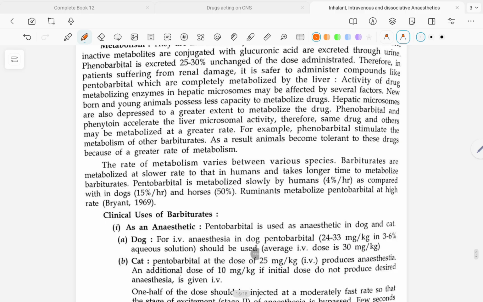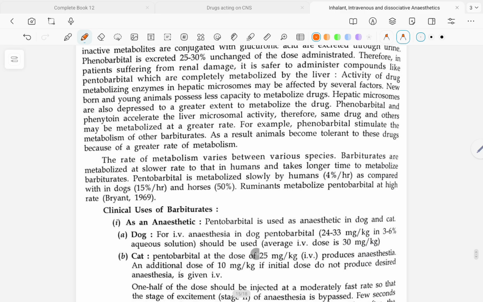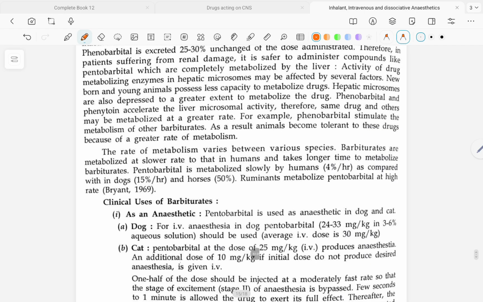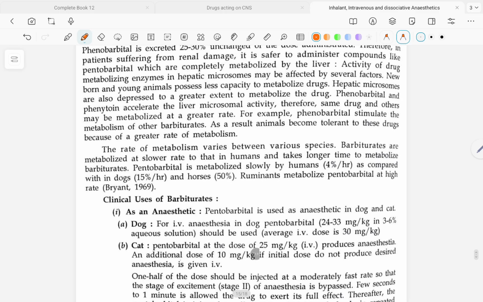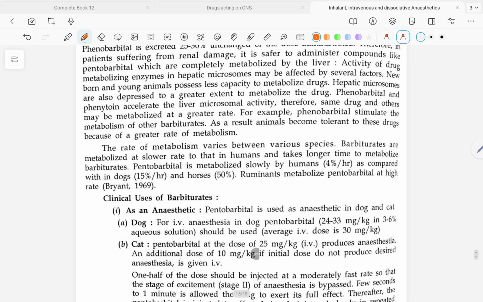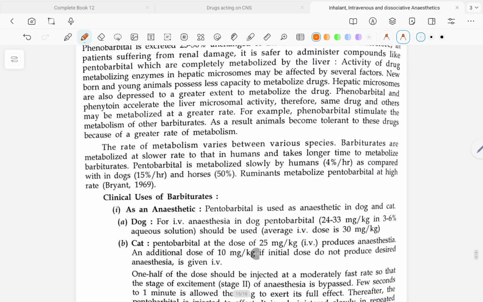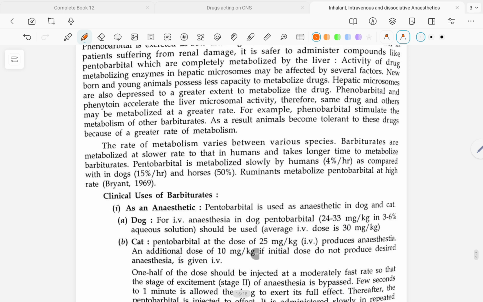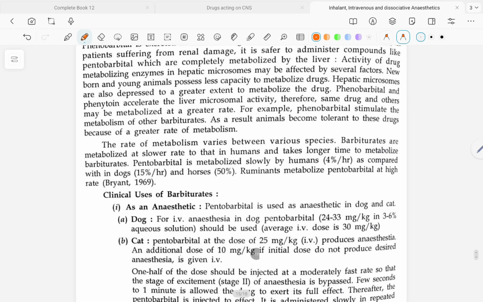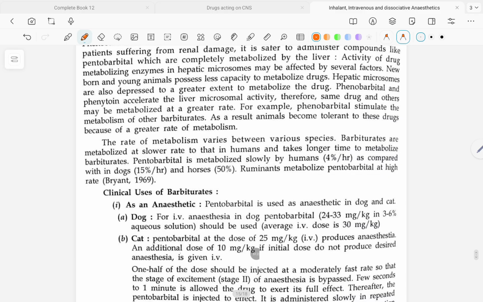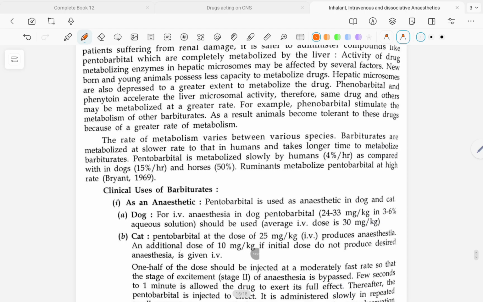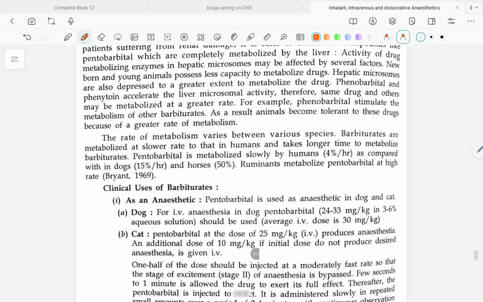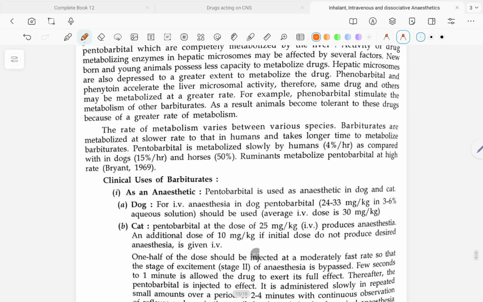Phenobarbital and phenytoin accelerate the liver microsomal activity. Therefore, some drugs and others may be metabolized at a greater rate. For example, phenobarbital stimulates the metabolism of other barbiturates. As a result, animals become tolerant to this drug because of a greater rate of metabolism.